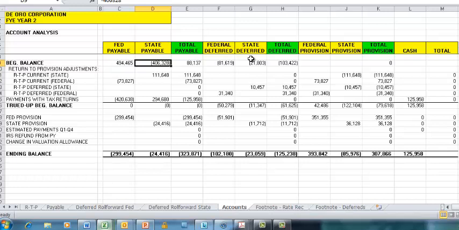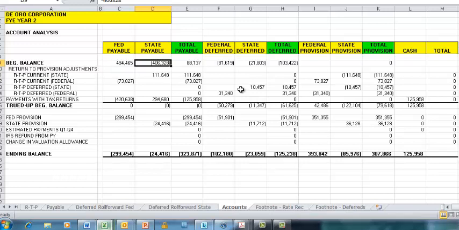What's the relation with that payable tab? Because we just calculate all this federal deferred, state deferred, federal current payment, state current payment in that payable tab, right? Well, don't get too worried about that. You can go home and play with this Excel file all you want. Worry about concepts. The key is, what concepts are we trying to push through here?